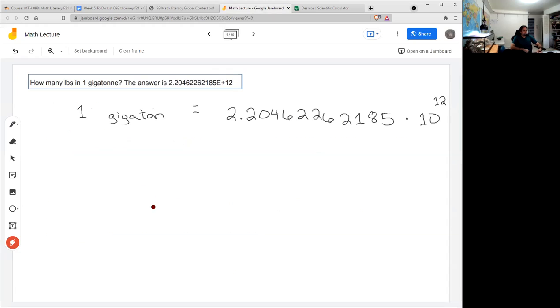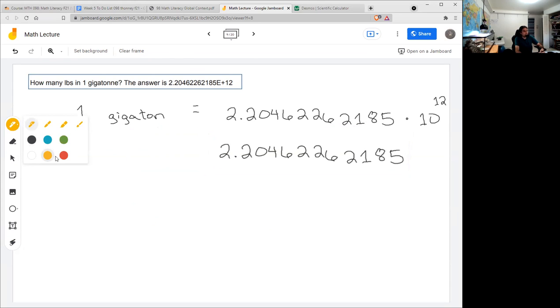If I wanted to actually do that scoot, I could. Let's see what would happen. One, 2, 3, 4, 5, 6, 7, 8, 9, 10, 11, and I need one more.